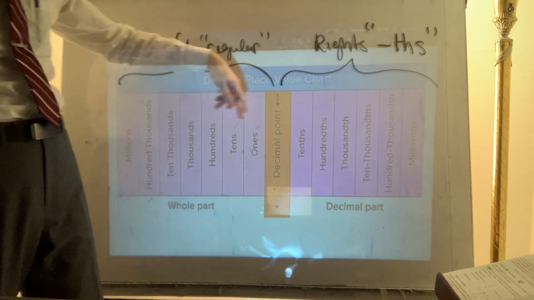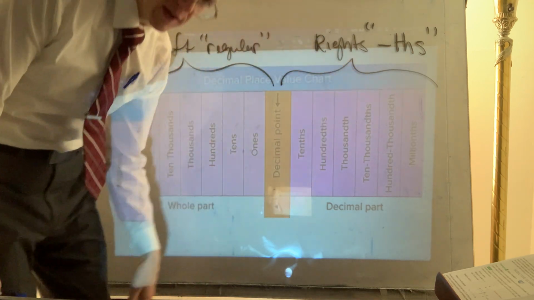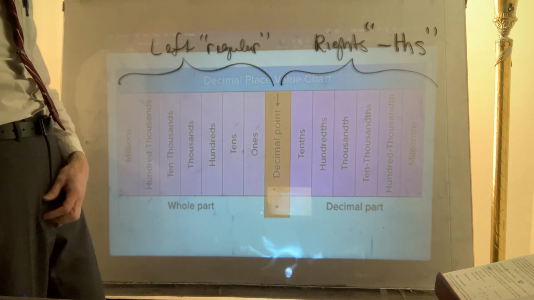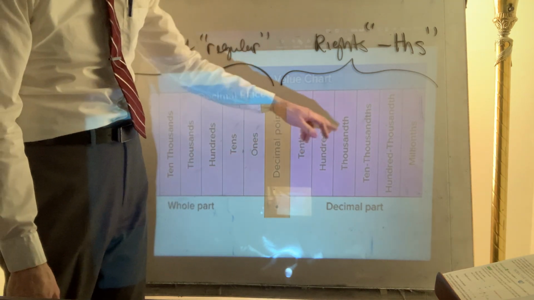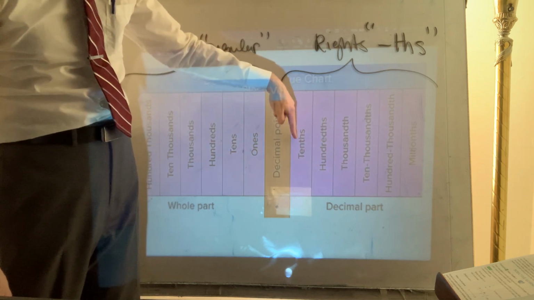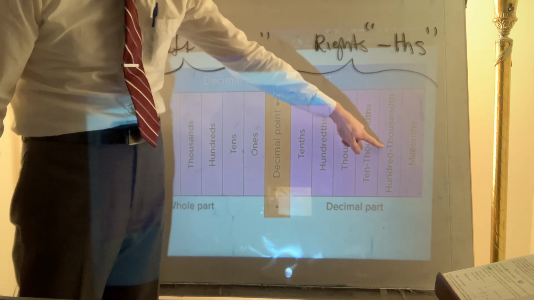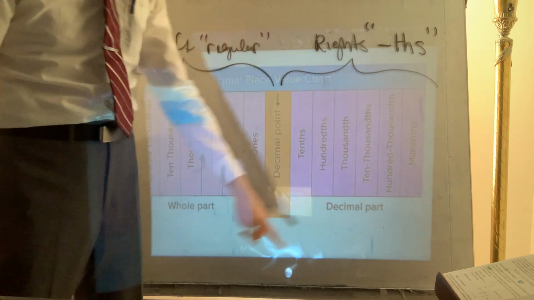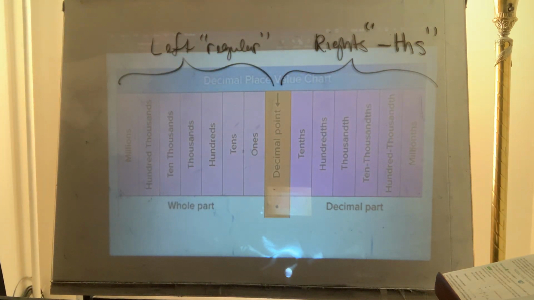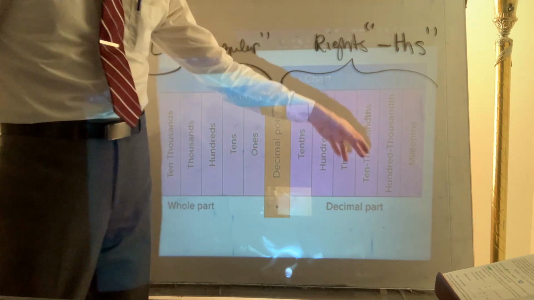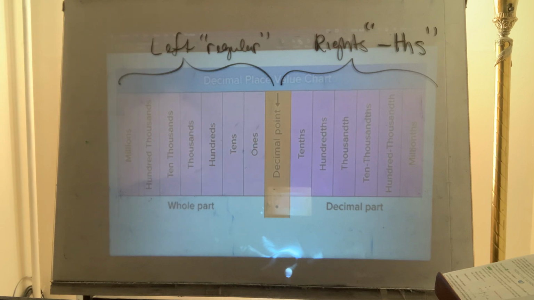Thousands is thousandths. It's annoying to say them, granted. Tenths, hundredths, thousandths, 10,000ths, 100,000ths, millionths. I bite my tongue every time I do it. Anyway, to the right are the -ths. Know those by heart, or at least initially have the frame of reference, the picture.